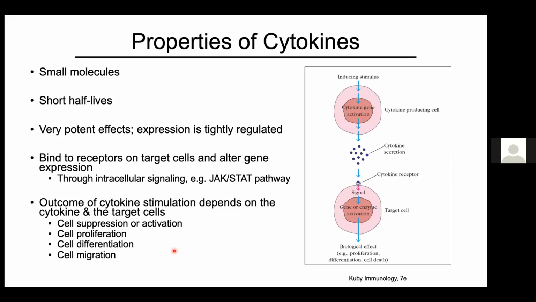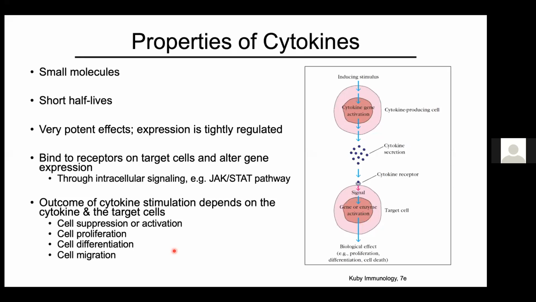So one cell now differentiates into another cell with a different function. For example, you can get a B cell differentiating into a plasma cell, which now produces antibodies, or you can get cell migration. And this is specifically seen with the class of cytokines called chemokines that would cause some cells to migrate maybe from the bloodstream into the tissues where these chemokines are being produced during the process of inflammation.